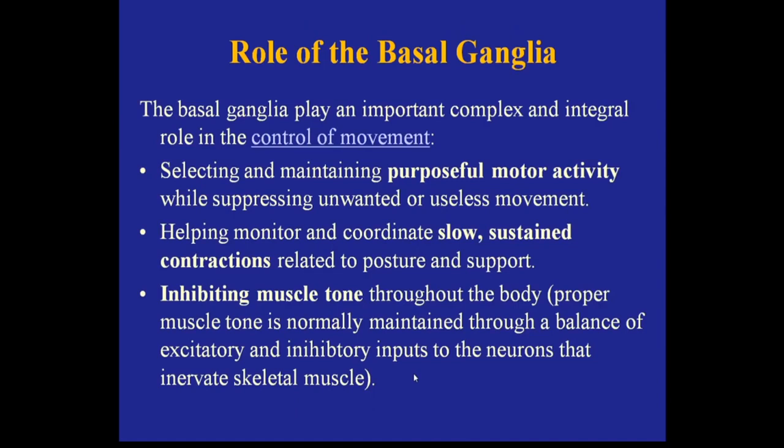The basal ganglia play an important, complex and integral role in the control of movements, selecting and maintaining purposeful motor activity, while suppressing unwanted or useless movement, helping monitor and coordinate slow, sustained contraction related to posture and support, inhibiting muscle tone throughout the body. Proper muscle tone is normally maintained through the balance of excitatory and inhibitory inputs to the neurons, then innervate skeletal muscle.